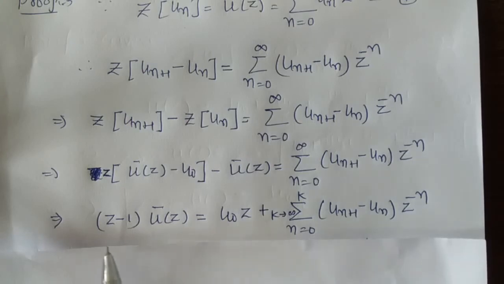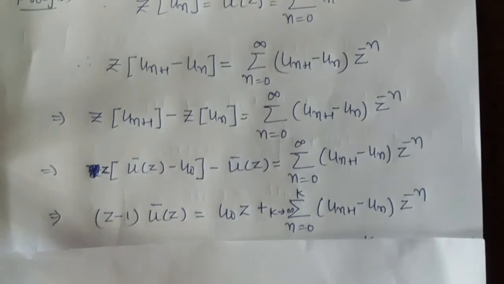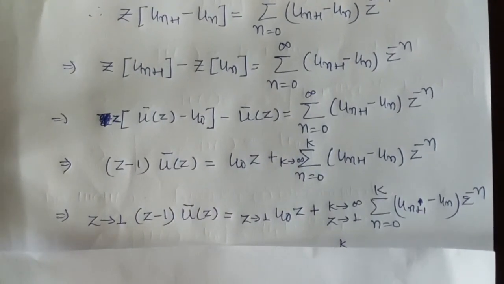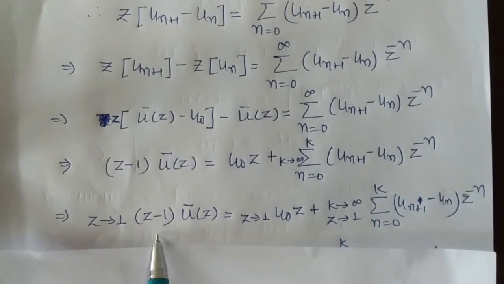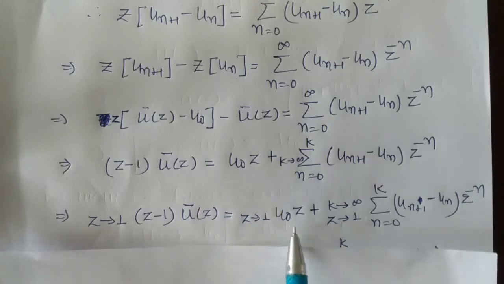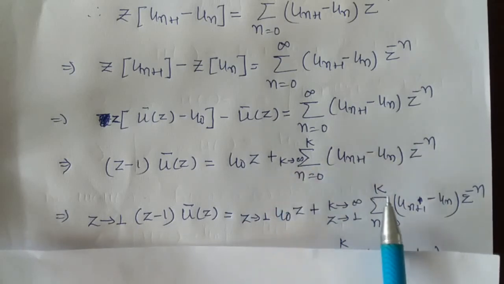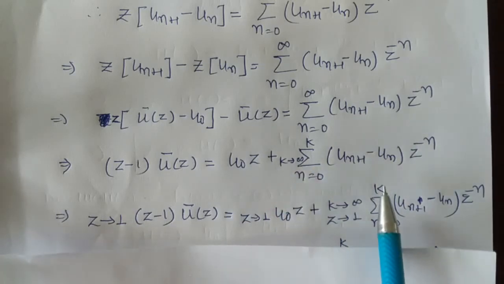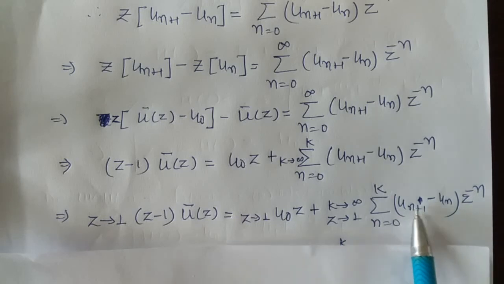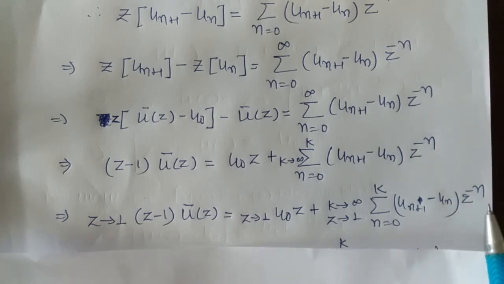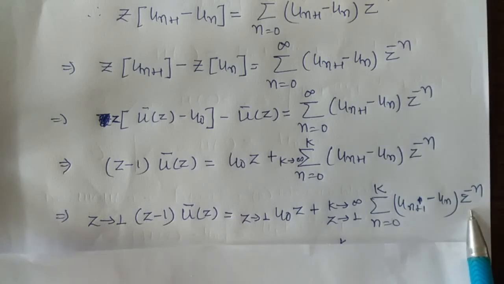Now we take the limit z tending to 1 on both sides, we get the limit as z tends to 1 of z minus 1 into u bar z is equal to the limit as z tends to 1 of u0 z plus, here, the limit as k tends to infinity of the summation n goes from 0 to k of un plus 1 minus un multiplied by z power minus n.